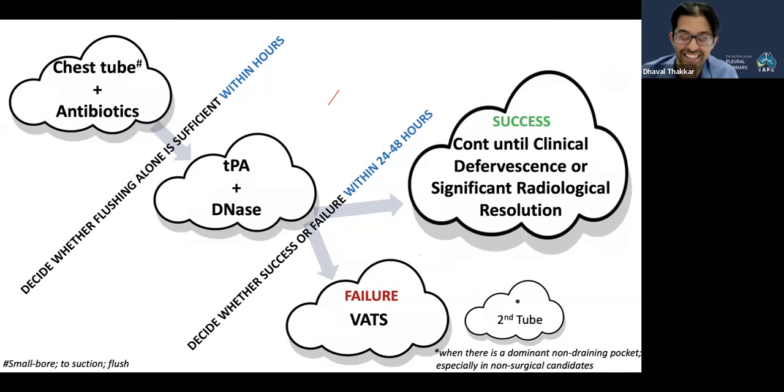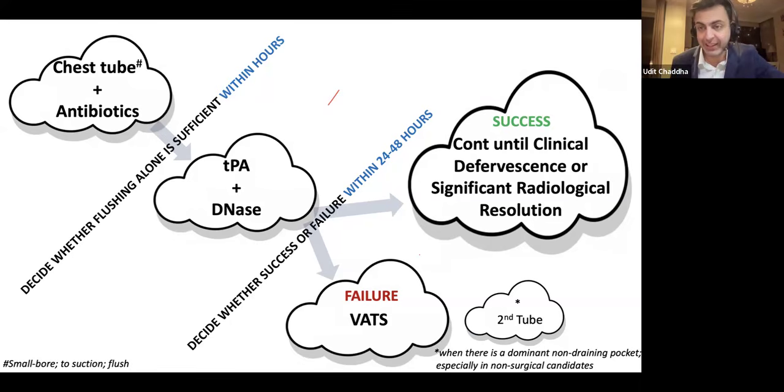What we do know from the literature is that when you do medical thoracoscopy for empyema, even if you select patients with stage 2 empyema, in about 1 in 4 to 1 in 5, you are failing. So if you do have VATS expertise and the patient is a surgical candidate and you determine that patient needs VATS, at that point, it is unreasonable to do a medical thoracoscopy.